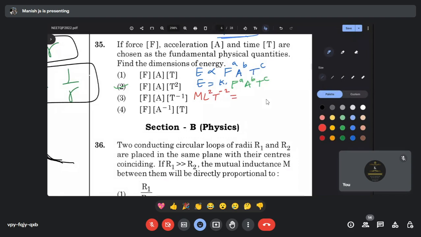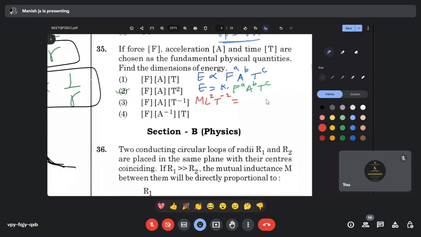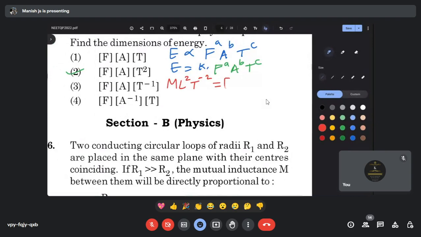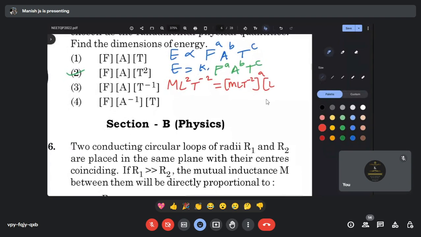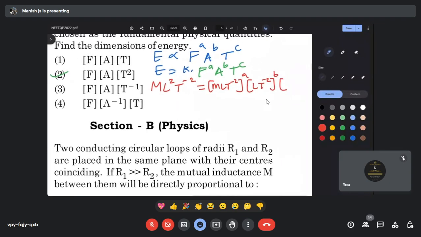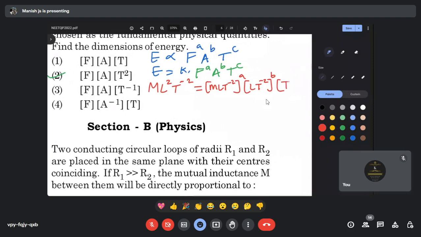Same thing, now write force separately. Force is MLT to the power minus 2. So I substitute for force to the power a. Next, acceleration is length, meters per second square, so LT to the power minus 2 whole to the power b, times time, only T, to the power of c.